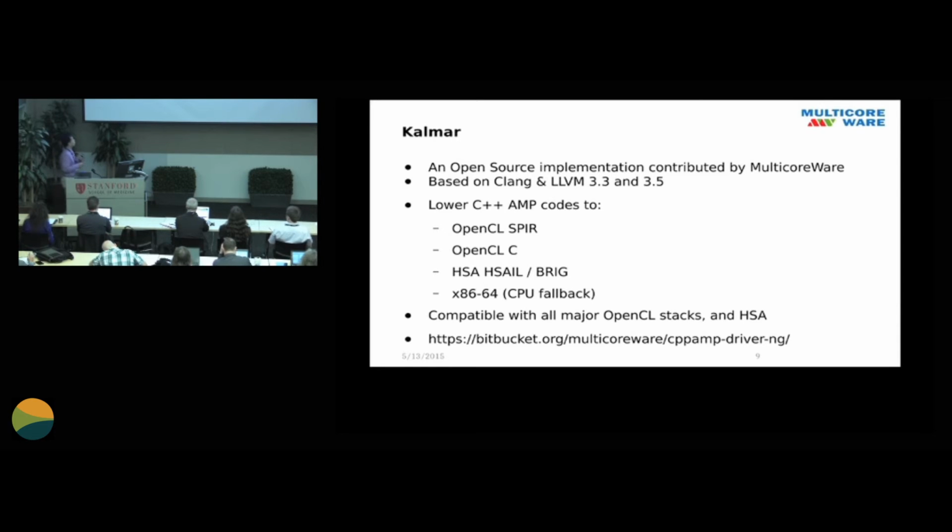We can also generate x86 code as a CPU fallback, so you don't really need an actual GPU to run C++ AMP. We have tested on all major OpenCL stacks, and so far things look fine. And of course, we support HSA as well. If you are interested, please go to Bitbucket, where we host all the code.